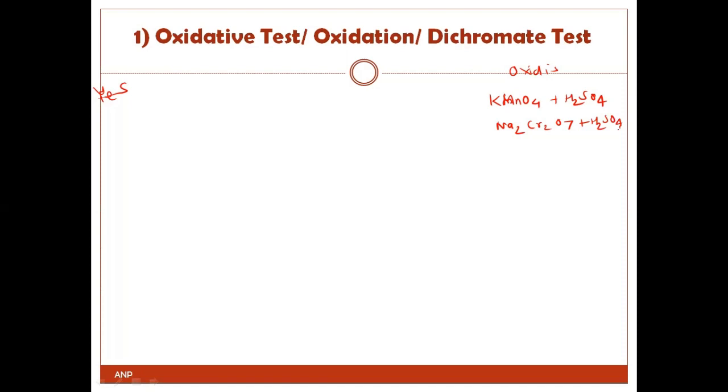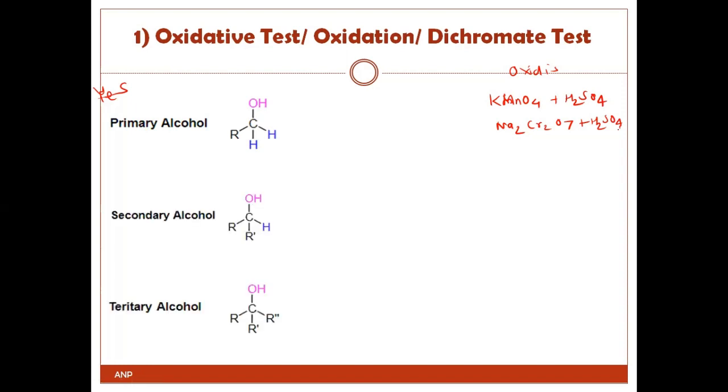This test is used to distinguish between primary, secondary, and tertiary alcohols. Draw the general structures of primary alcohol, secondary alcohol, and tertiary alcohol.